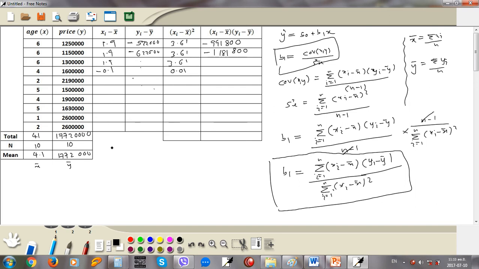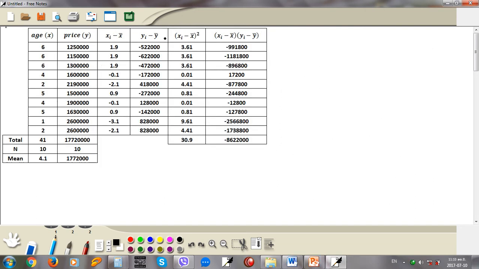Then you can fill this table, take the total of this column and the total of that column, and substitute the values into the equation to find b1. So we will see the completed table. After completing all the rows and columns, you can obtain this table.